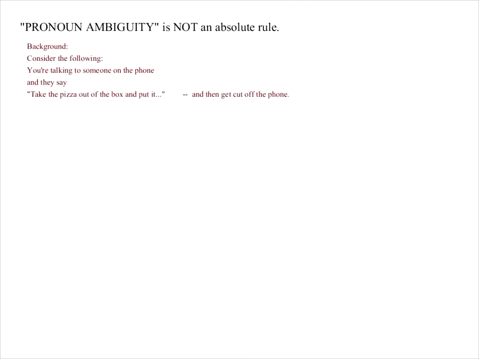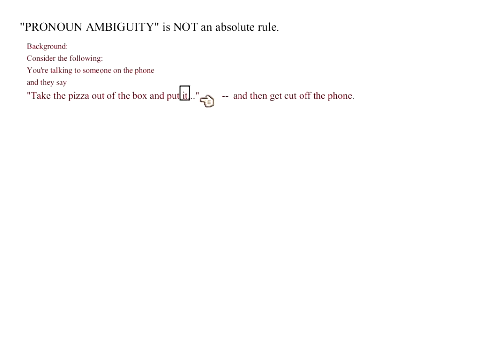Okay, so if this is all you hear, take the pizza out of the box and put it, then what is your first instinct as to what it stands for? Turn off your grammar brain, turn off your sort of mechanical thought processes here, and turn on your intuition.